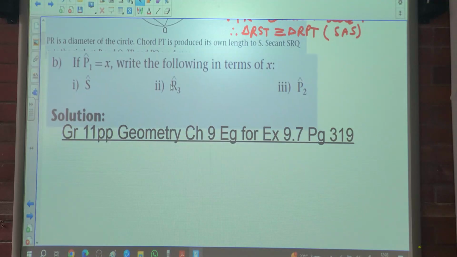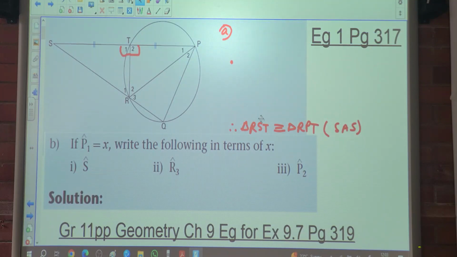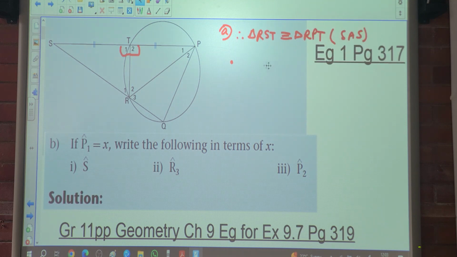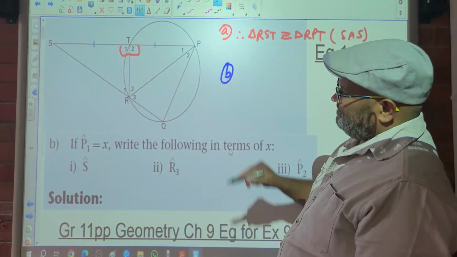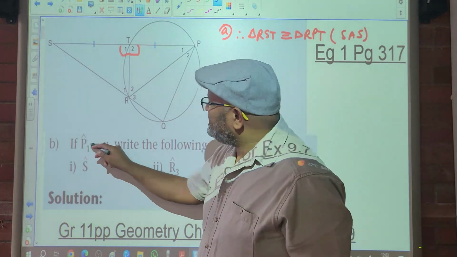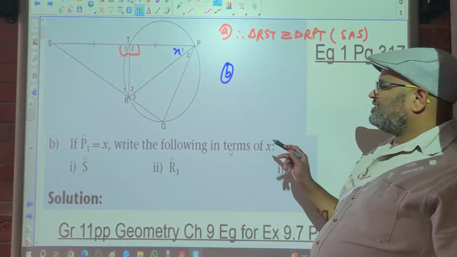In question B, we are told I'm just going to keep the fact that the two triangles are congruent there. As you can see, we're running out of space here. I also want to keep the diagram in focus. So let's look at B. B says if P1 is x, write the following in terms of x.